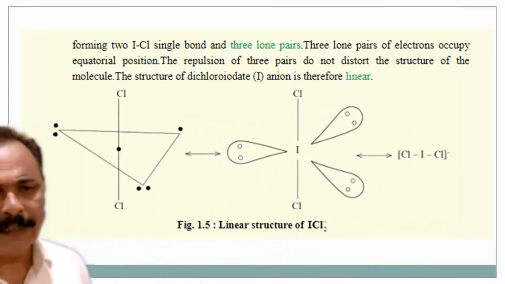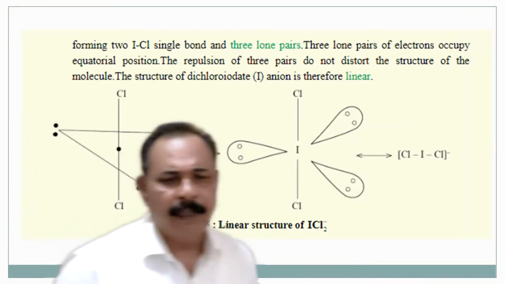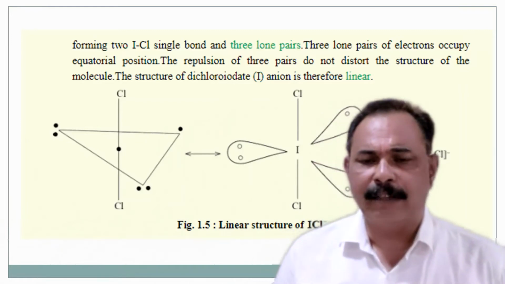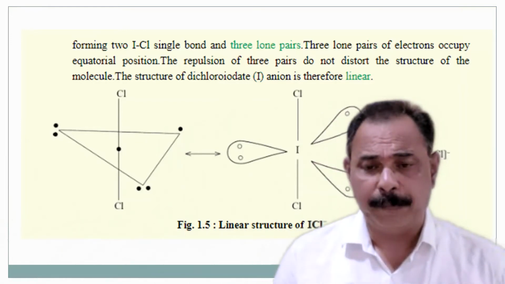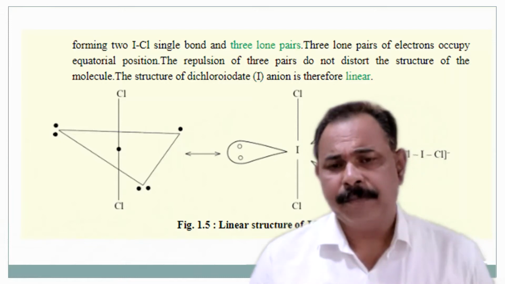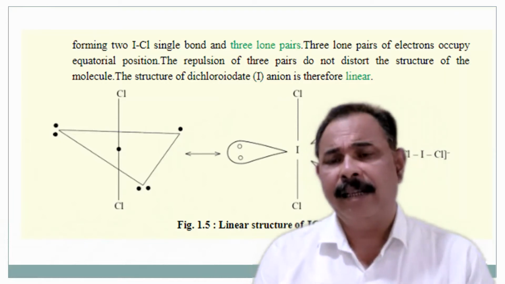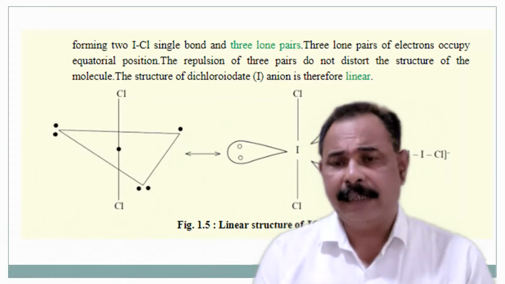You can see here there is a triangle. The vertices of the triangle are occupied by the lone pairs of electrons, and at the axial positions there will be a Cl atom.